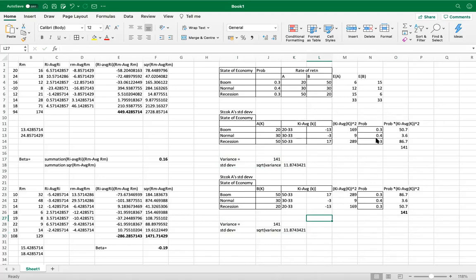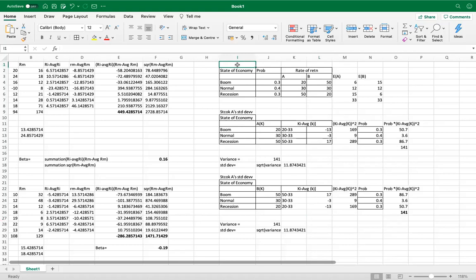Yes, ma'am. We saw what is investment, what is return, what is risk, what are the types of risks, and then how return is measured and how we calculated expected return, and how we calculated risk adjusted return.